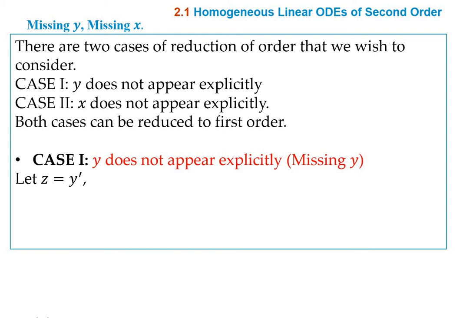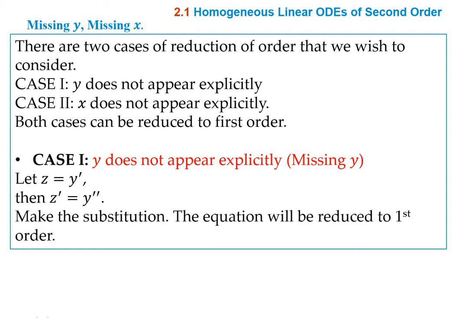Then, from here, I'm going to get y double prime, which is z prime. If we make those two substitutions in my original ODE, my second order ODE will be reduced to first order, which can be solved easily by one of the techniques that we learned before. I'm going to consider a couple examples later on.